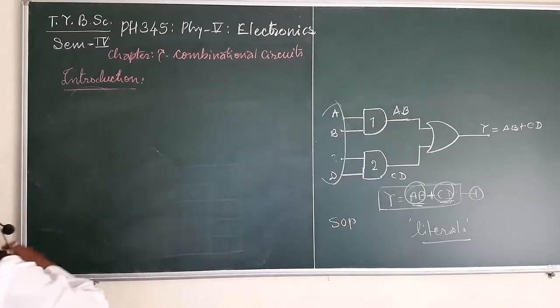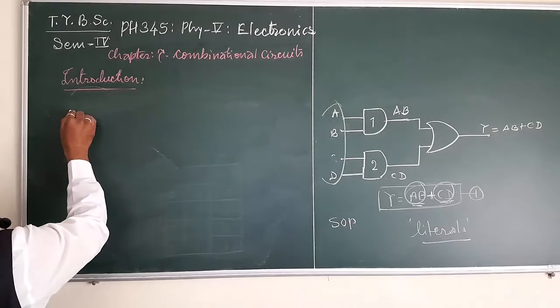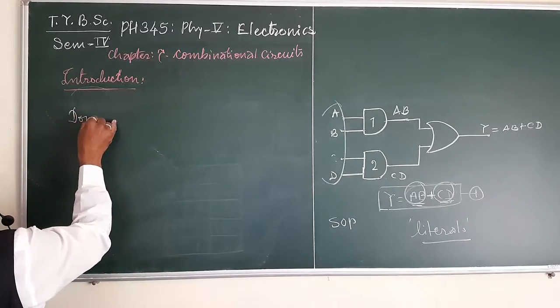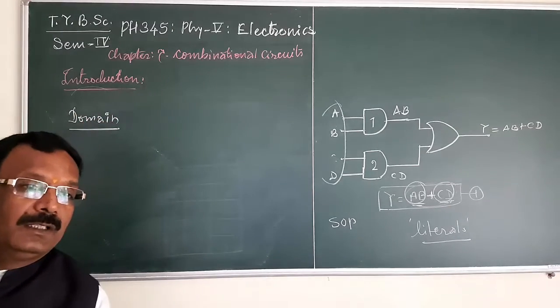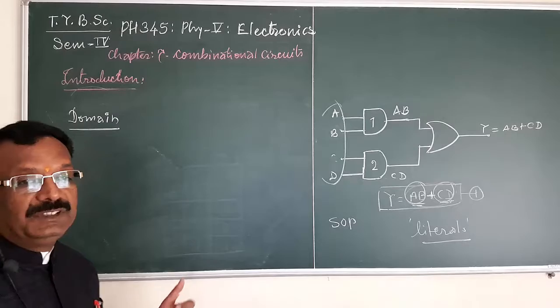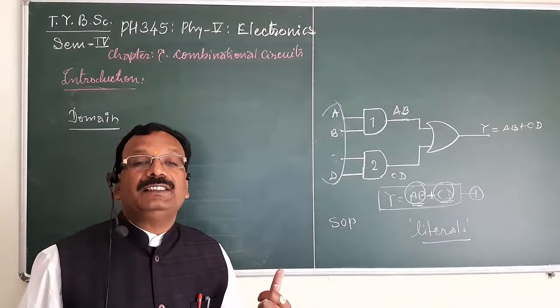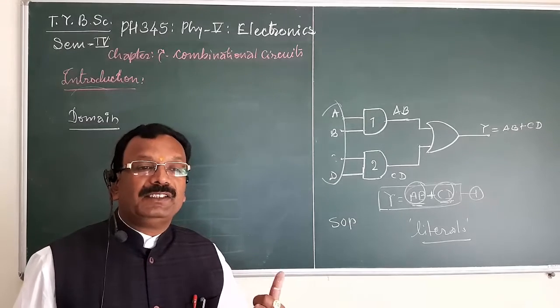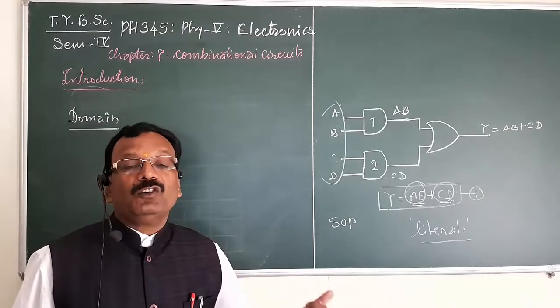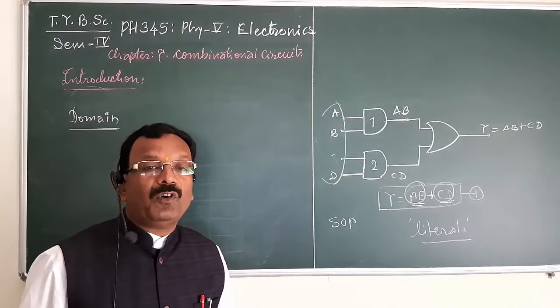Third important term is domain. What is domain? The domain of a general Boolean expression is the set of variables contained in the expression in either complemented or uncomplemented form.